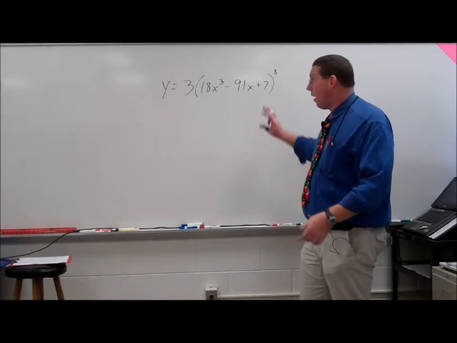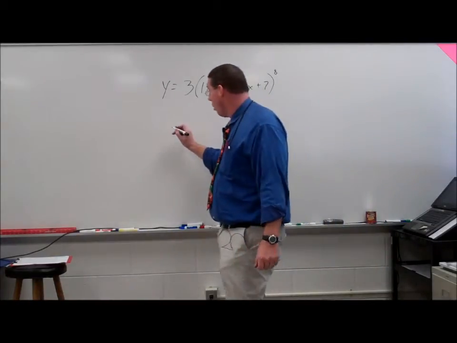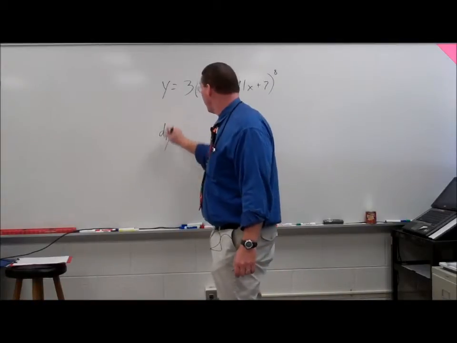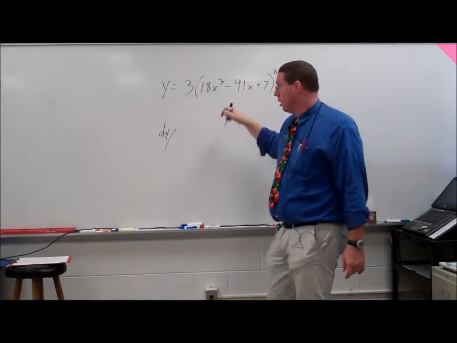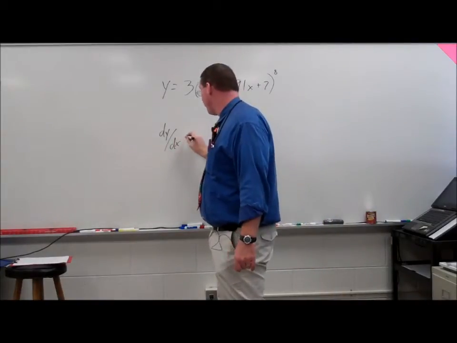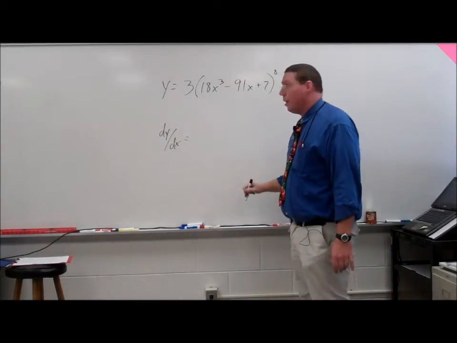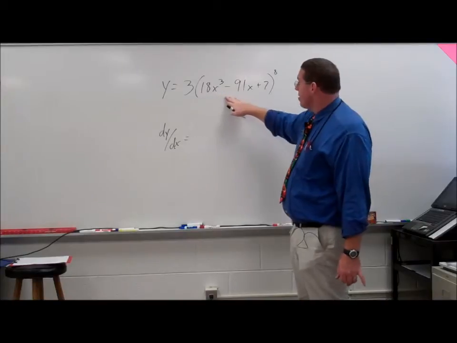Okay, so if I want the derivative of this, meaning I want the change in y as the x in here changes, so dy dx, the derivative is going to be the derivative of the inside.